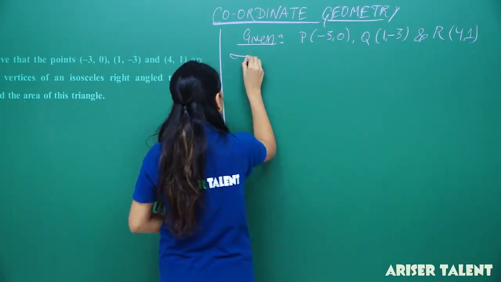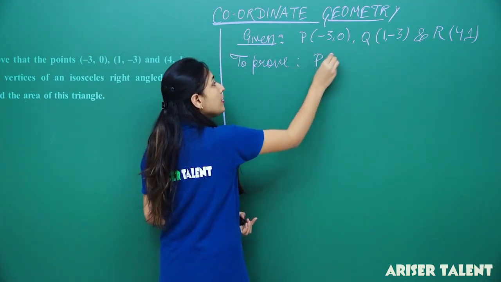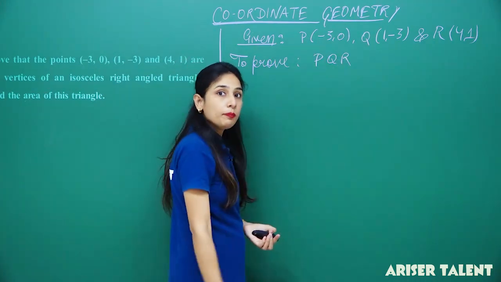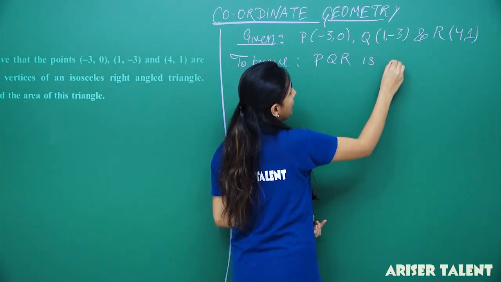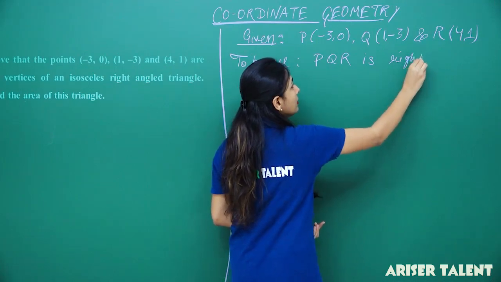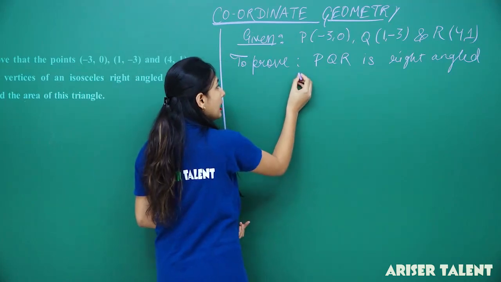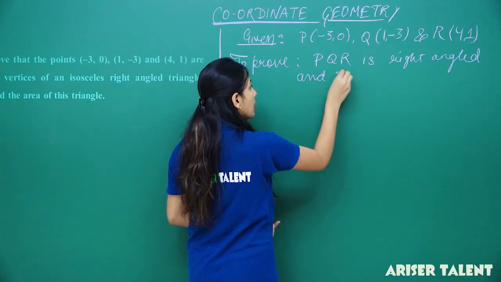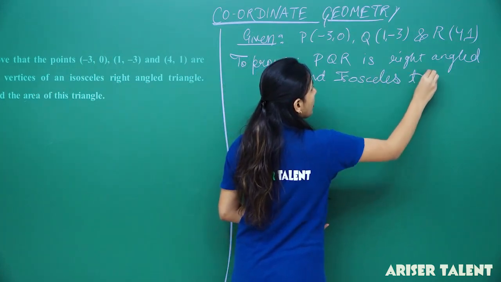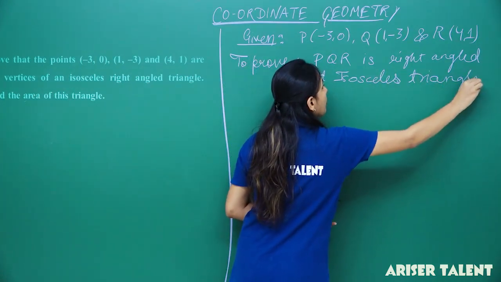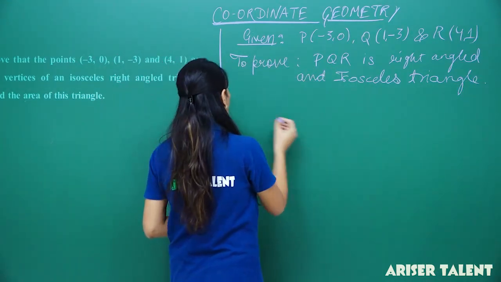Now what do we have to prove? What do we have to prove? That PQR is right angled, first thing, and an isosceles triangle. First thing right angle, second thing isosceles. Now the solution part.